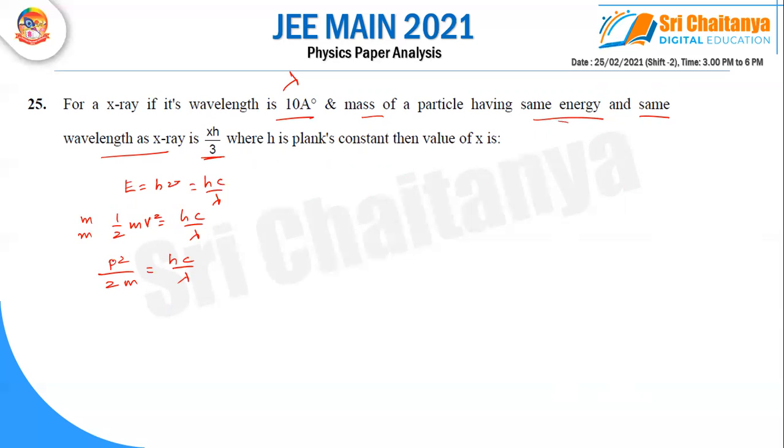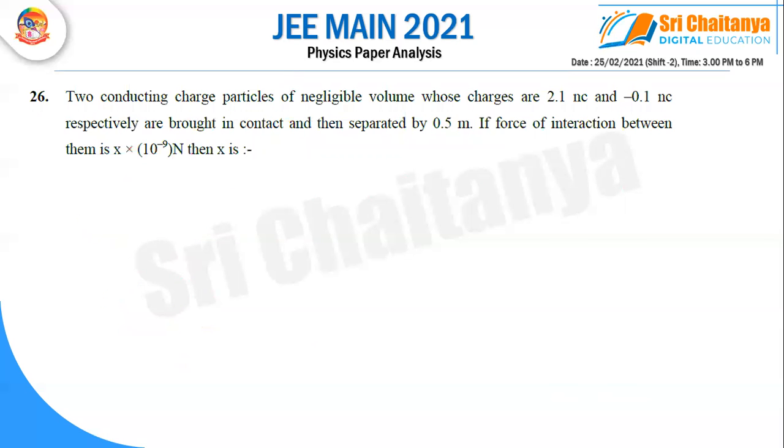Now p square will be h square by lambda square, and 2m as it is, I take hc by lambda, and from this I can strike these. Okay, so my interest will be m, and on calculating, m is equal to 5h by 3. Proper substitution will be 5h by 3. x is equal to 5 I am getting here. We'll move on to the next question.